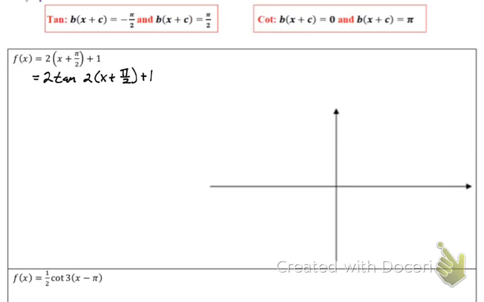Amplitude. We aren't going to worry about amplitude with tangent. Hold that statement for a second. We will not worry about this unless it's negative. If it's negative, it has to flip. Otherwise, we aren't going to let amplitude affect our graph. It does a little bit, but not enough, and I don't want to plot those points. All right, I want to make this nice and easy on you guys. I want to do the most important stuff. So amplitude, we're not going to worry about amplitude with tangent or cotangent unless it's negative.